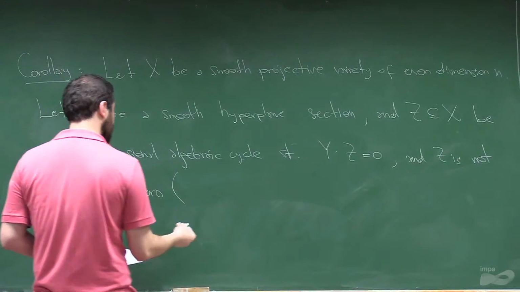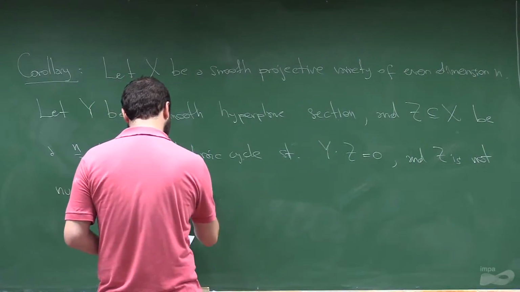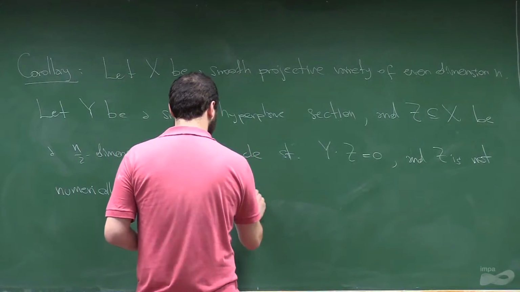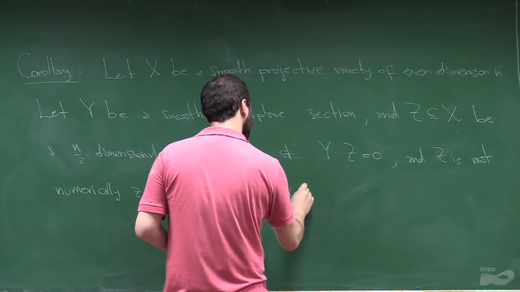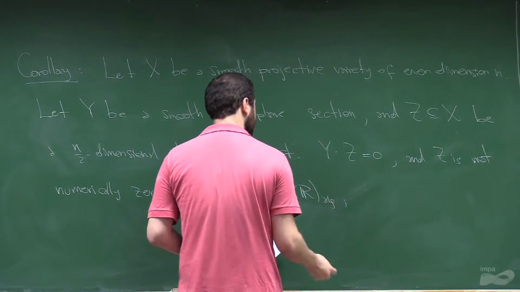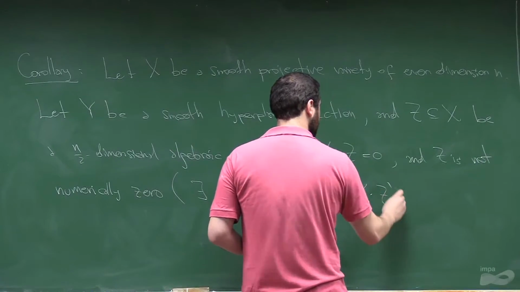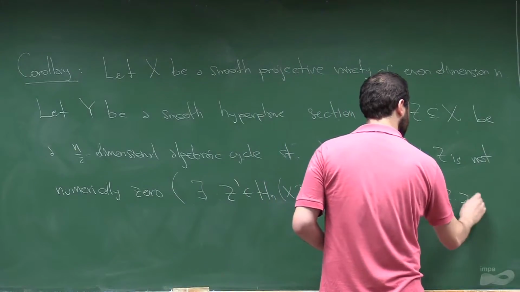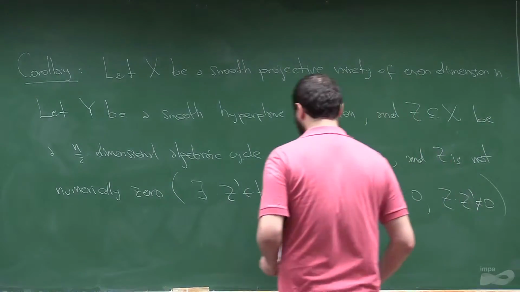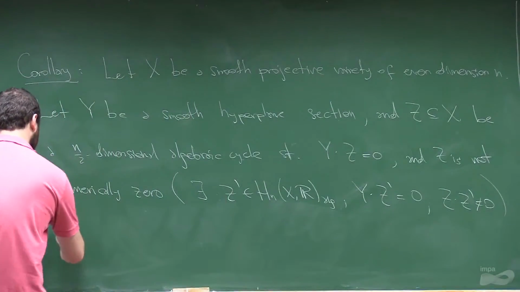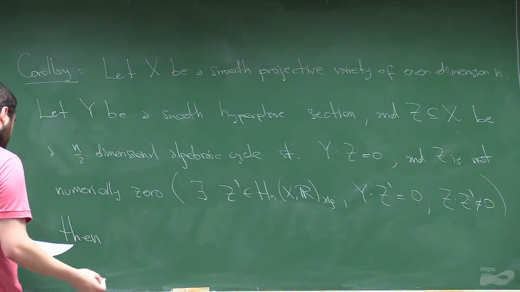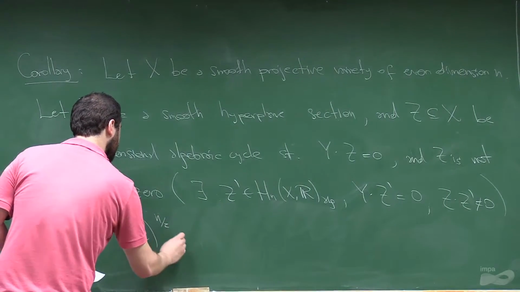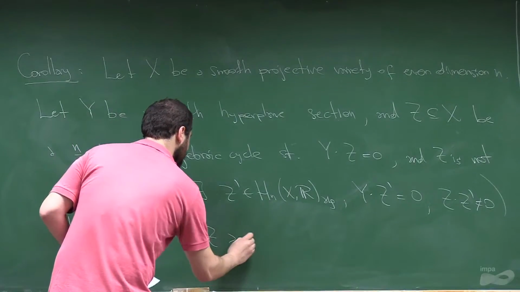This means that there exists some Z prime that is also of dimension n over 2, I mean, let's say here in H_n(X,R) algebraic, such that it's also primitive, and Z times Z prime is non-zero. Then we know what's the sign of the self-intersection of Z: (-1)^{n/2} Z times Z is positive.